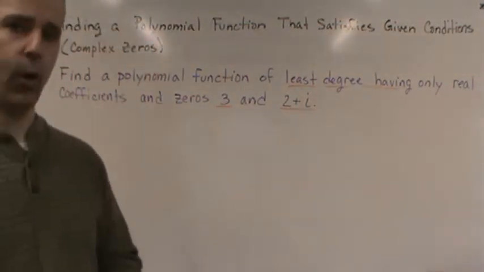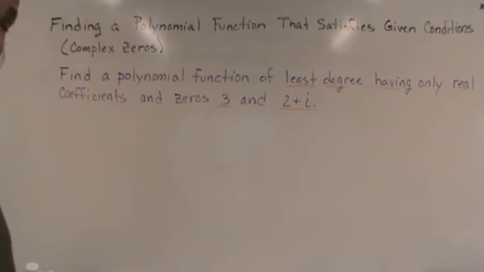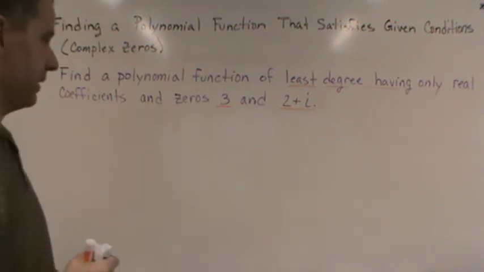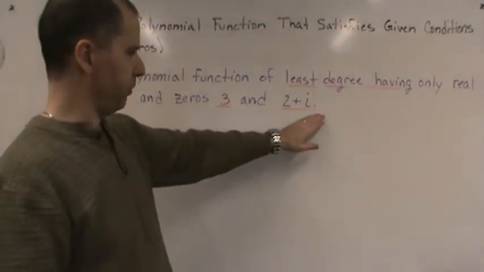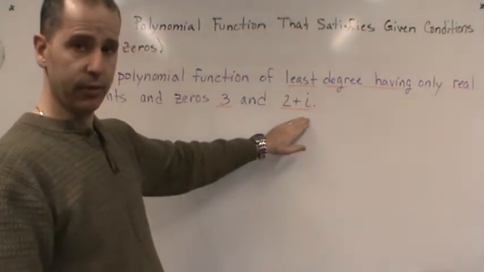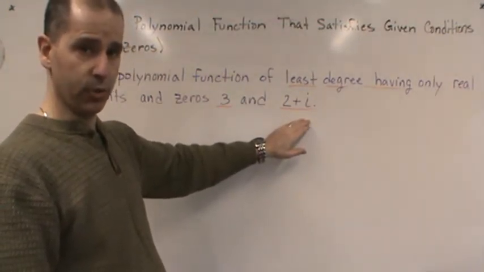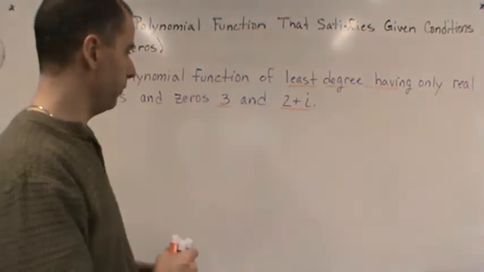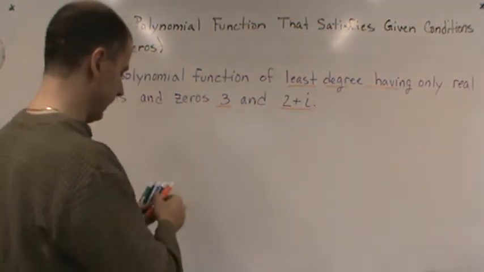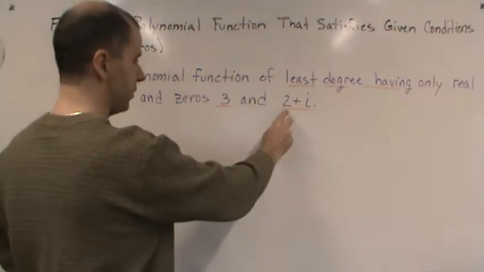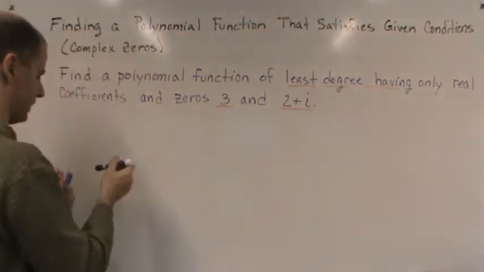Okay, so the first thing I'm going to notice here is this is a complex number, right? And so every complex number must have a conjugate that's also a zero of this polynomial. So the zeros that I can add, I'm going to add 2 minus i to the mix.